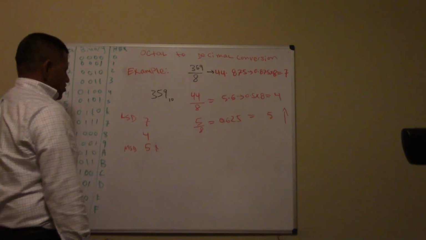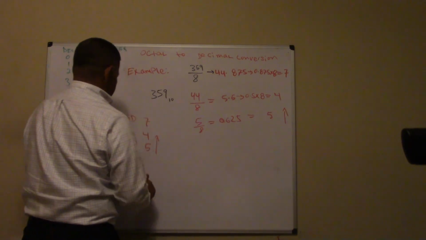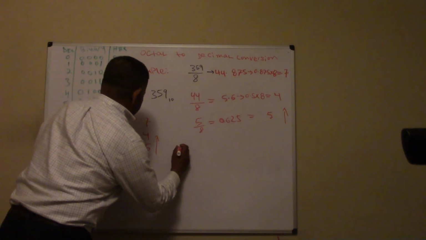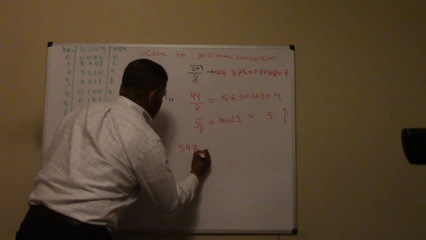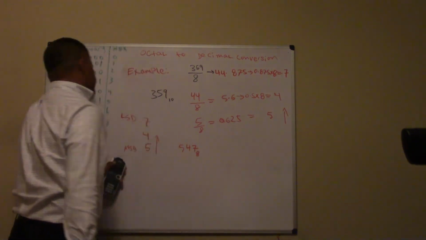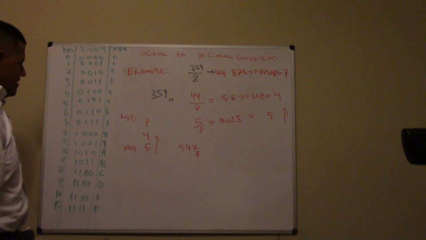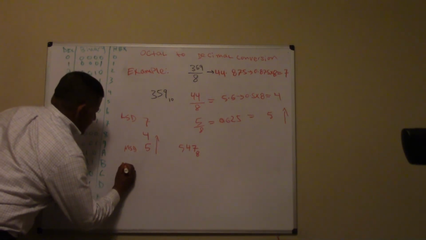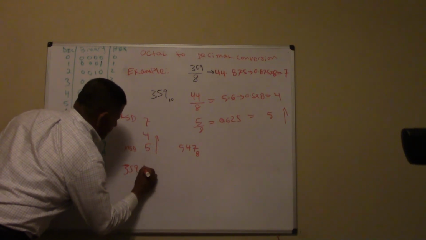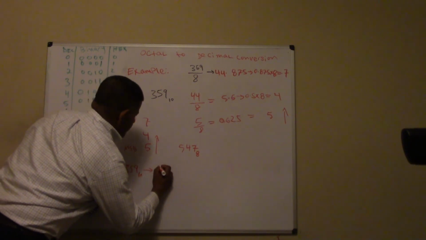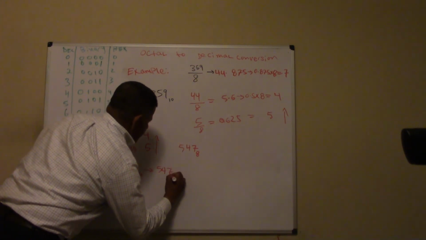Because I read it up like this, I can write this answer as 547 base 8. So in other words, 359 base 10 corresponds to 547 base 8.